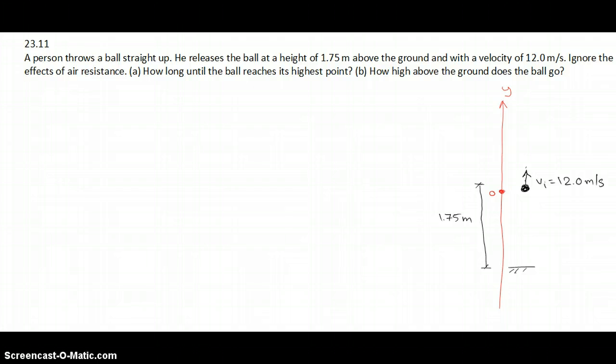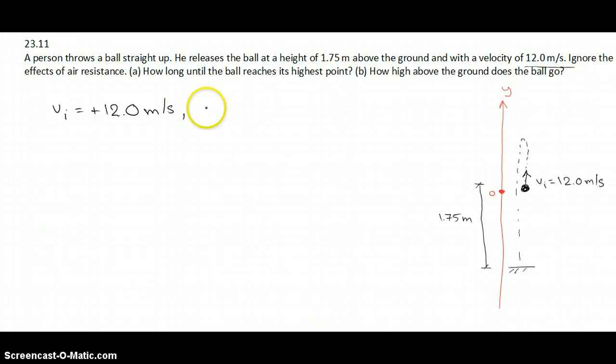Okay, so now I will write what I know. I know that the ball is thrown straight up. The initial velocity is positive 12 meters per second because it's upwards, so it's positive.